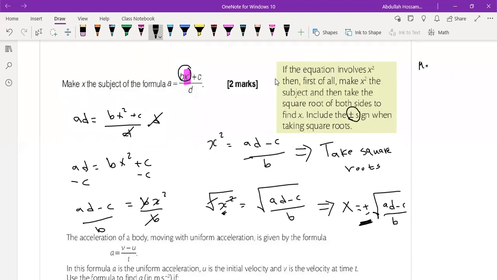Make x the subject of the formula a over x plus p equals c.